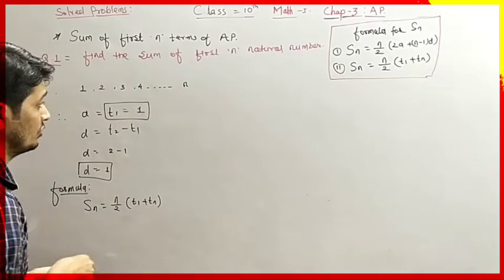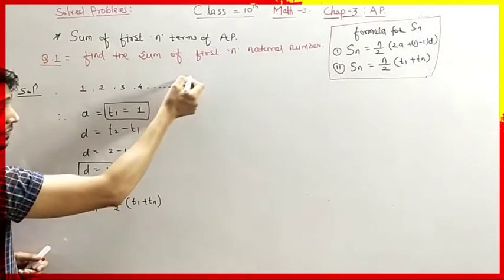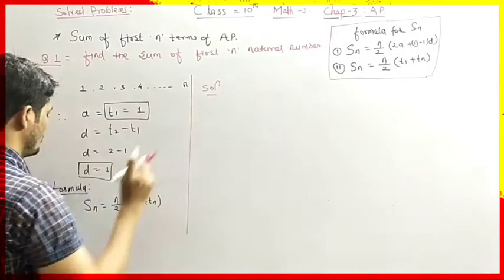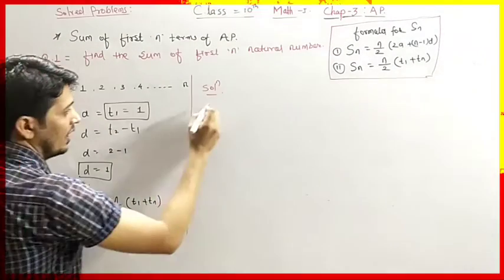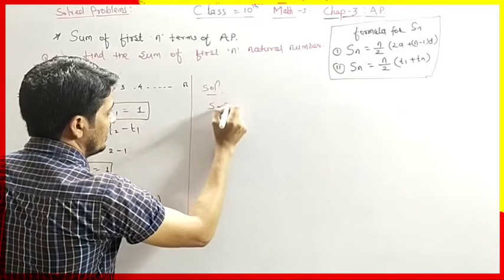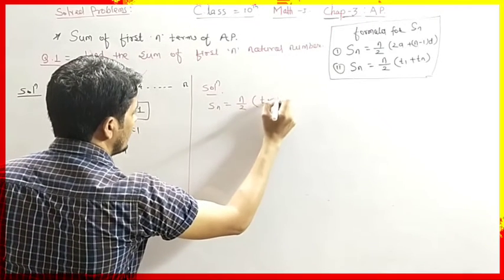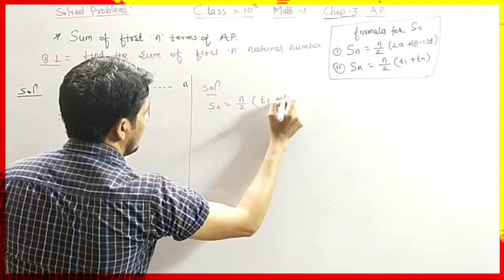Okay, now solution. So we have the formula, Sn equals n divided by 2 into first term plus last term.